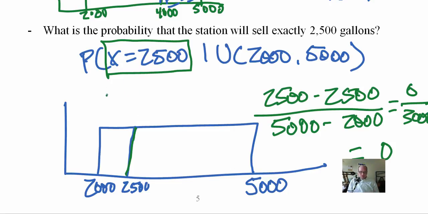So instead, I could write: what's the probability that X is between 2,500 and 2,501? I'm allowed to do that, right? In fact, that would be 1 over 3,000. So I can find intervals, but I can't just find instantaneous spots. All right, that's it for this guy.